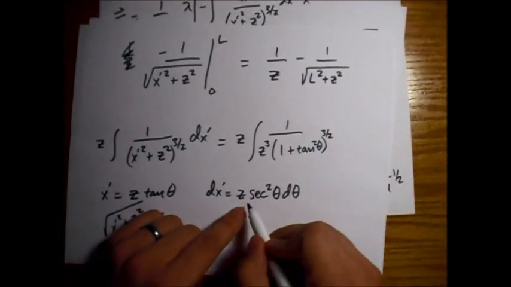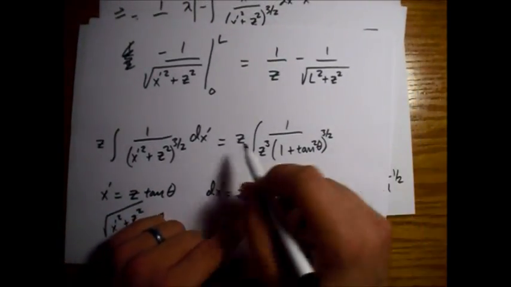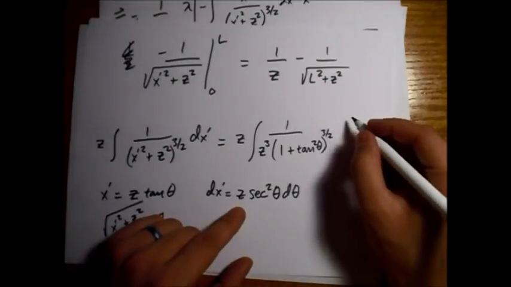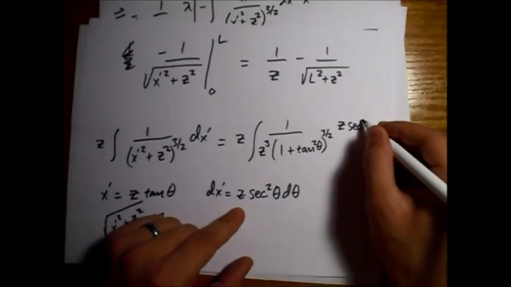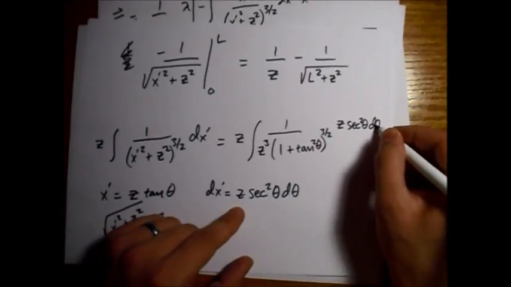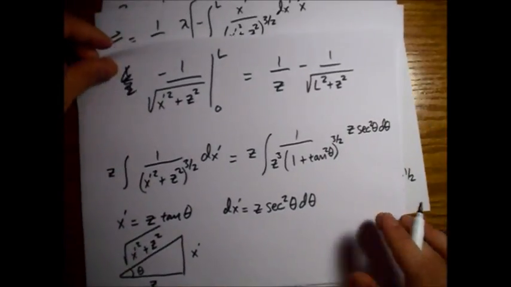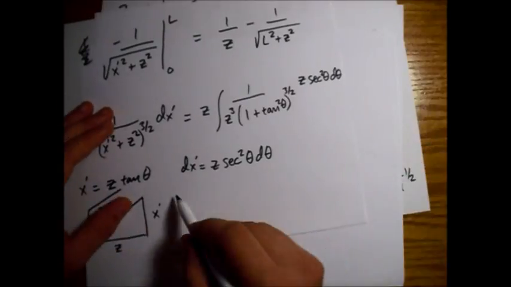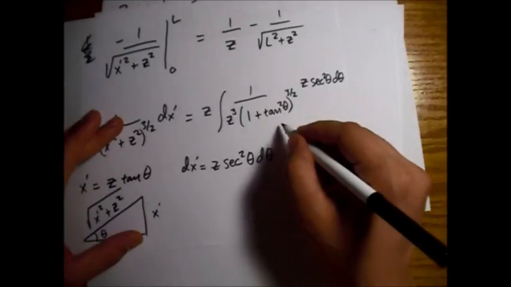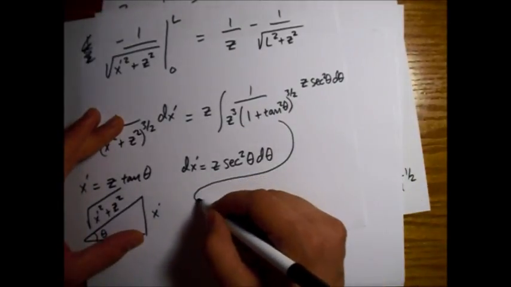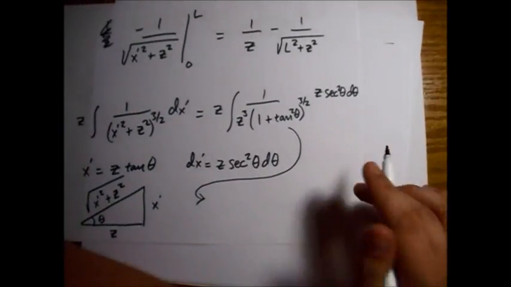And then plugging in our dx prime upstairs, we have a z secant squared of theta d theta. Okay, we're getting kind of cluttered here. We can squeeze a little bit more down here maybe. Draw a little arrow.